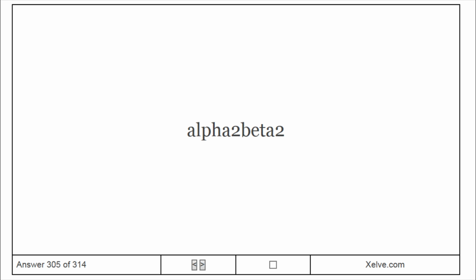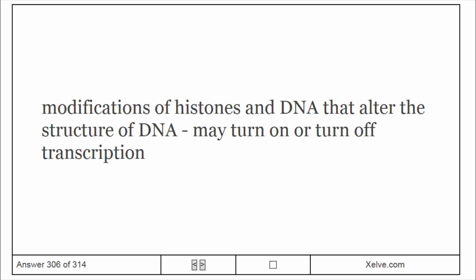Alpha 2 beta 2. Epigenetics. Modifications of histones and DNA that alter the structure of DNA may turn on or turn off transcription.